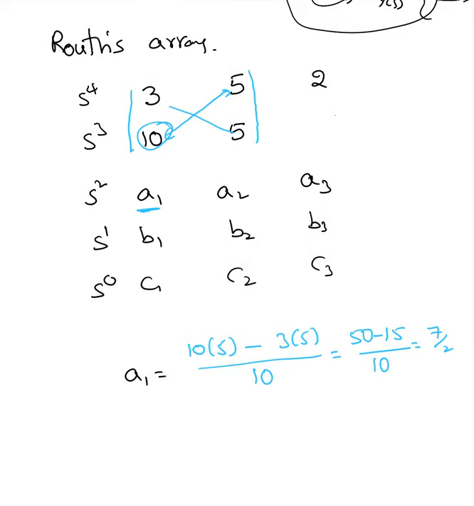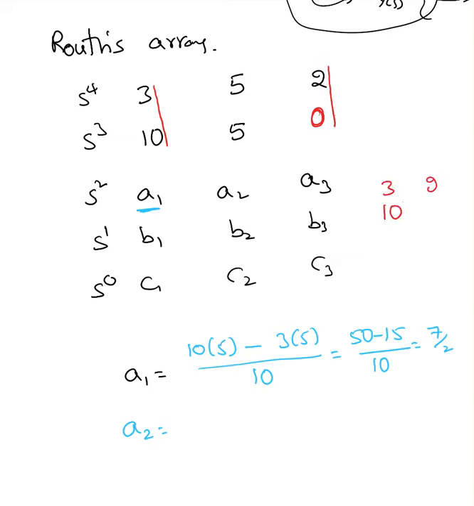Now I'm going to tell you how to find A2. To find A2, let me erase this. I'm going to use these two as well as these two here. Since I don't have any element here, I can take that as 0. So to find A2, I'm going to put them on the side, but with practice you don't need to do that.